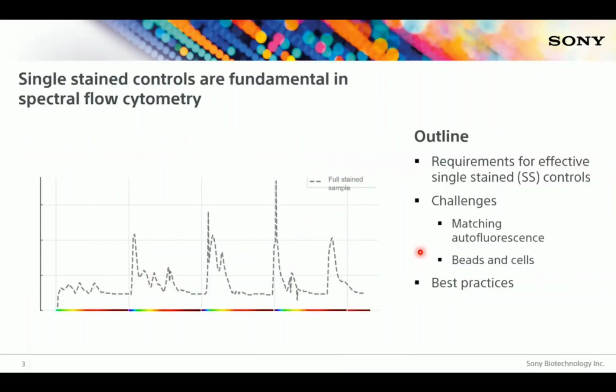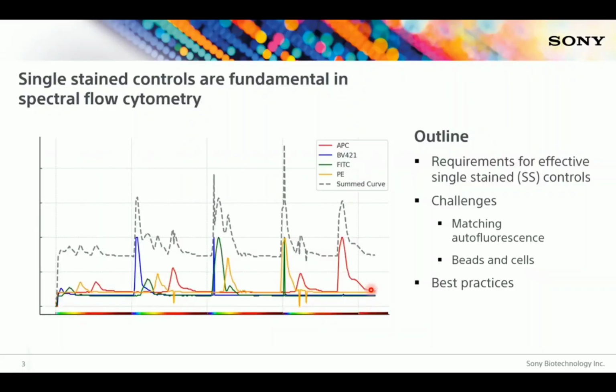To illustrate the single-stain control's importance, take this gray curve. It represents the emission spectra of a full stain sample. Without single-stain controls to define the spectral signatures for each fluorochrome, we wouldn't be able to decompose and analyze the data properly. So single-stain controls are the foundation of spectral flow cytometry.